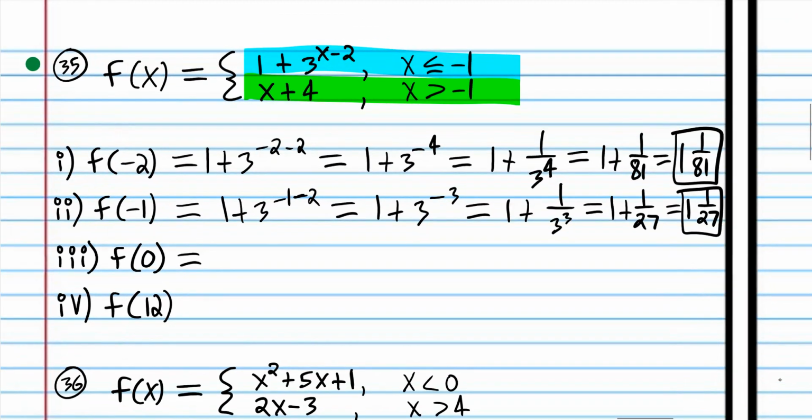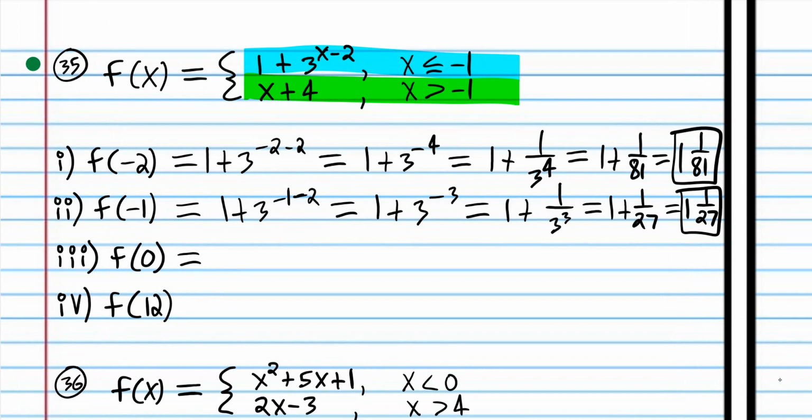Okay, so now our input is going to be 0. So is 0 less than or equal to -1, or is it greater than -1? And the answer obviously is it's greater than -1, so we're going to use the green expression, and we get 4.